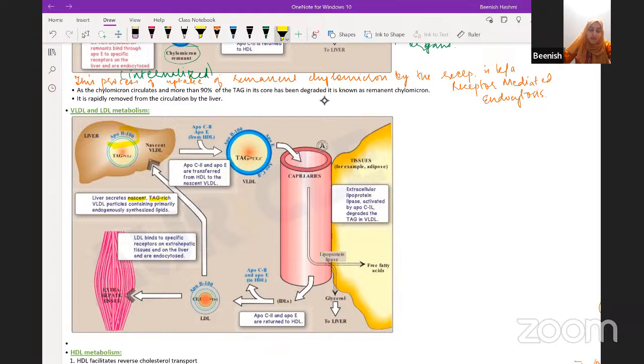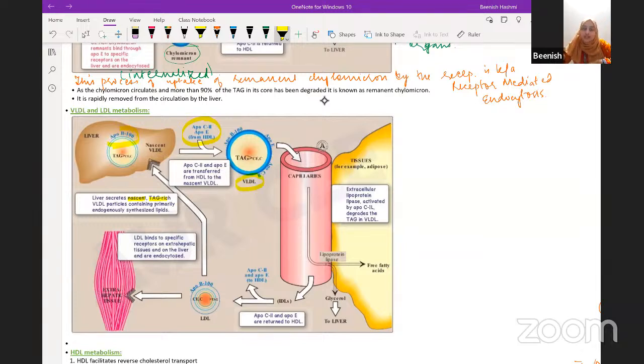Now what happens? This nascent VLDL is going to take ApoC2 and ApoE from HDL and forms what? It forms VLDL.